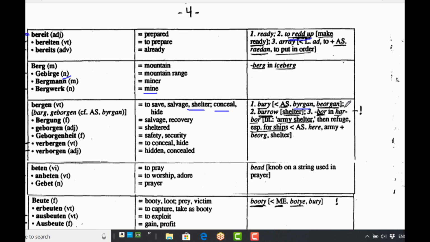And also, very interestingly enough, because there's an exclamation point here, bore in harbor. What do you think about that? Or in harbor. Yeah, so it's a shelter. It's where you would put a ship to keep it safe.